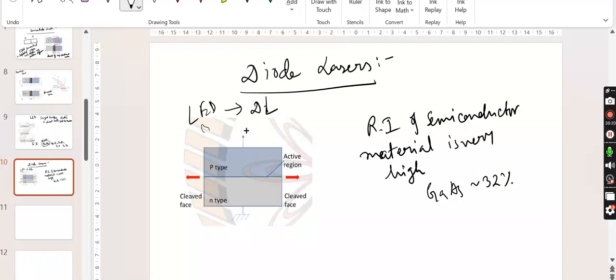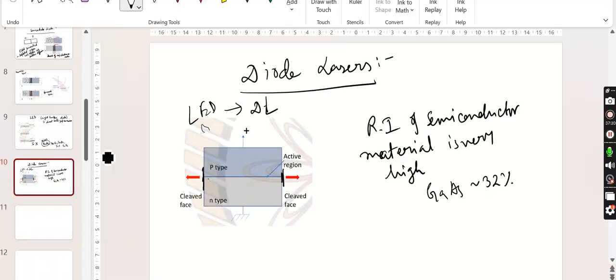Keeping the end faces perpendicular to the laser axis will therefore allow much of the light created in the junction to be reflected back and forth. So the light has been created in the junction. And now some photons that are spontaneously emitted will start stimulated emission, causing amplification of light. And that is how a diode laser will work. So basically the optical cavity has been created only in this position or somewhere like this. The active region is basically this junction.